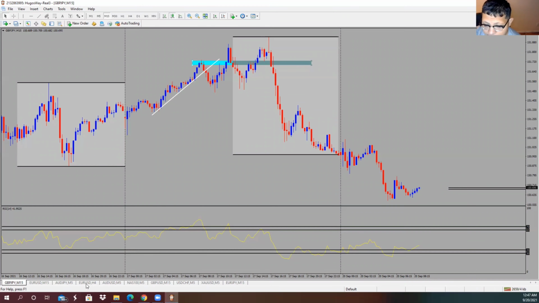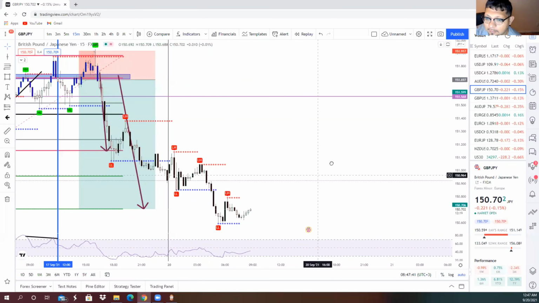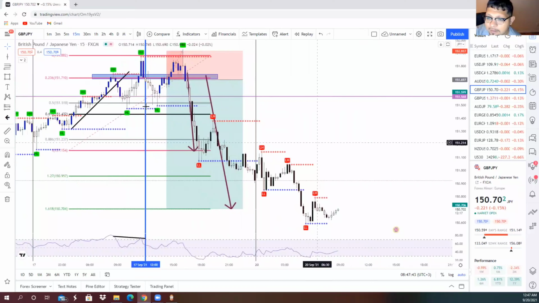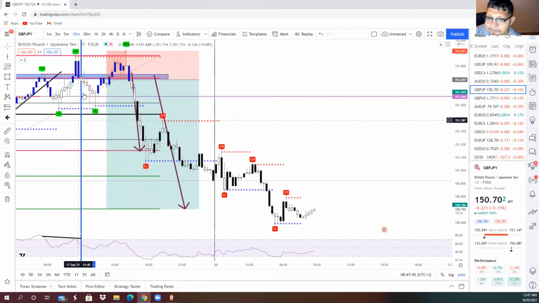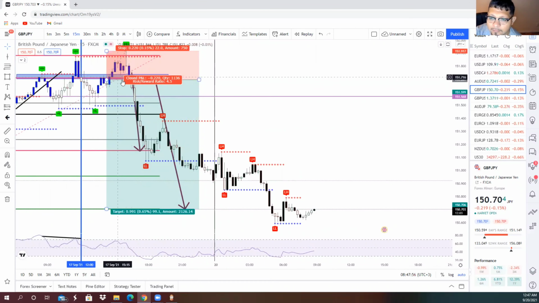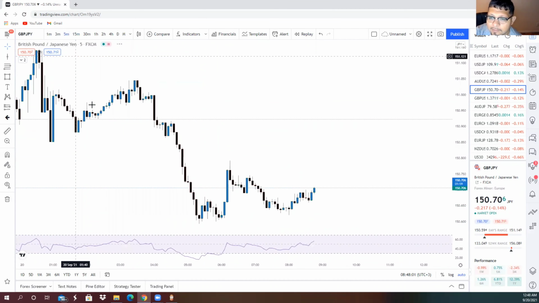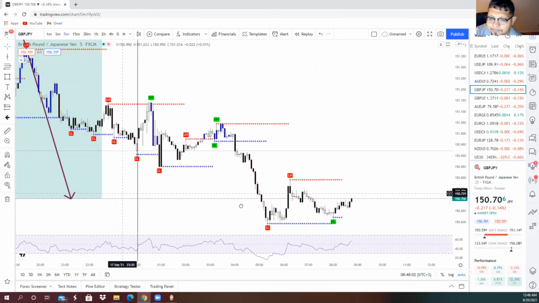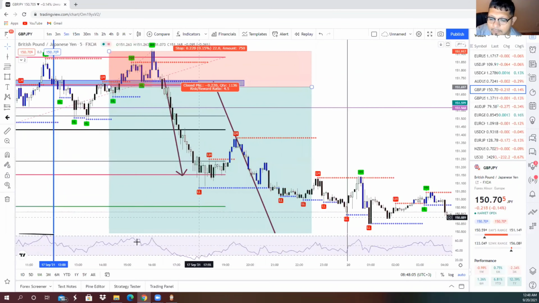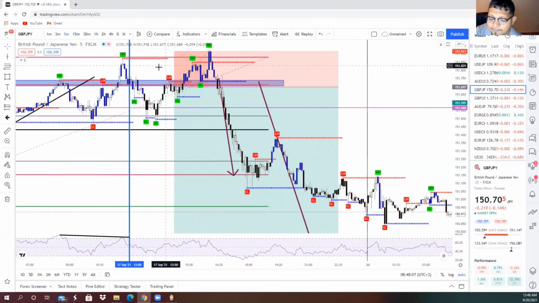If we go down to GJ on TradingView, you guys see it right here. Look, I had that break right here on the 15-minute, drew my zone, and this is where I took my trade. We go to the 5-minute time frame, and we have triple divergence, right?